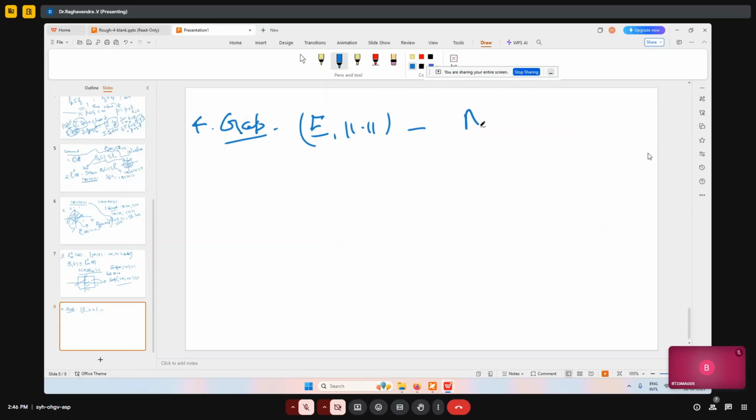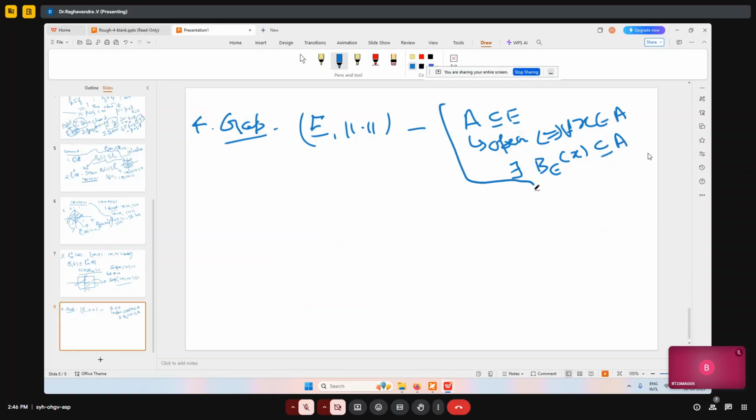You take a set A in E. It is called open if and only if for all x in A, there is a ball of epsilon radius around x contained in A. This is the definition of an open set in a metric space. So let us look at this.